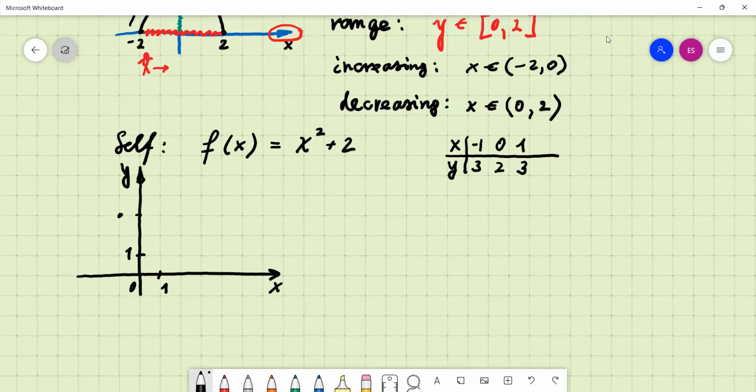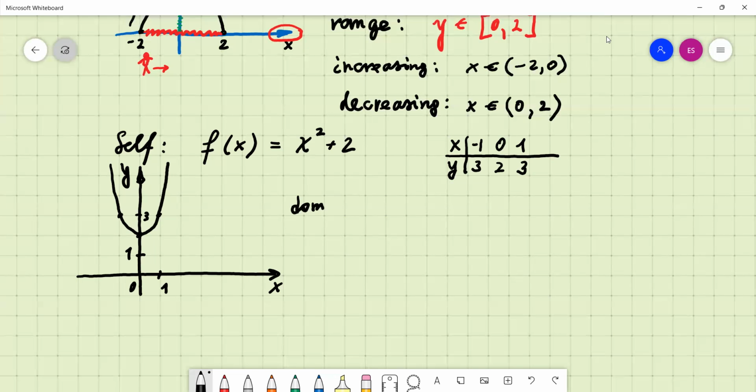Okay, so that's somewhere here, 3, right? At 0 equals 2, and at 1 equals 3. Now, if I do the graph is going to look like this. Typical parabola, right?